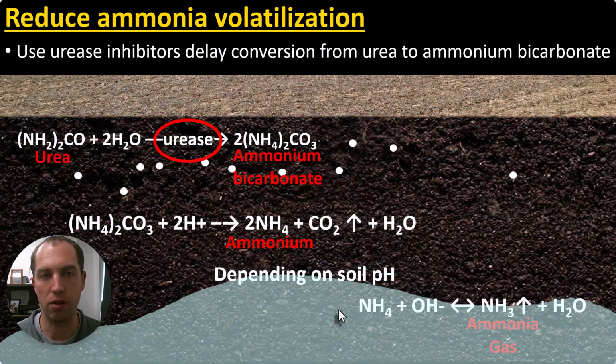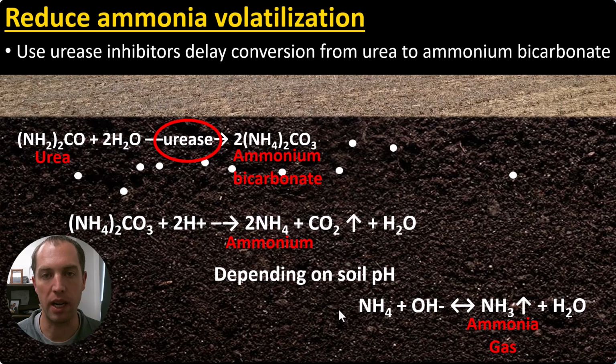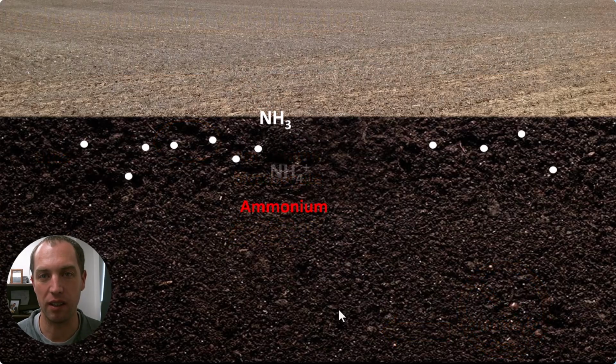So when it does go through this process of going to ammonium bicarbonate, ammonium, and ammonia gas, it can actually hit that water, interact with it, and return back to ammonium, which is a more stable form in the soil. That's what we want to do: stop that ammonia gas and convert it back to ammonium, and it needs to interact with water in order to do that.